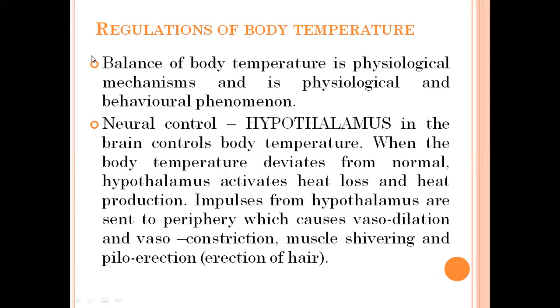When the body temperature deviates from normal, the hypothalamus activates heat loss and heat production, and impulses from the hypothalamus are sent to the periphery, which cause vasodilation and vasoconstriction, muscle shivering, and piloerection.